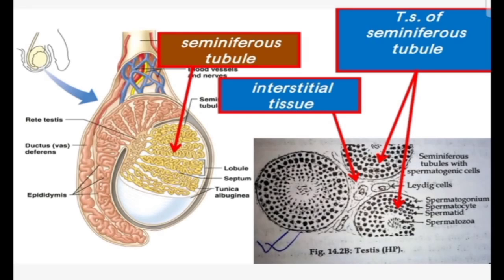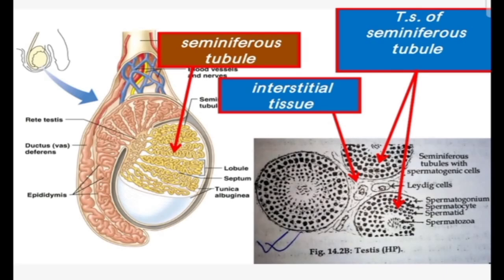There are primary spermatocytes, then the next layer of secondary spermatocytes. The primary spermatocytes divide by the first meiotic division to give rise to secondary spermatocytes, and the secondary spermatocytes give rise to spermatids by the second meiotic division.